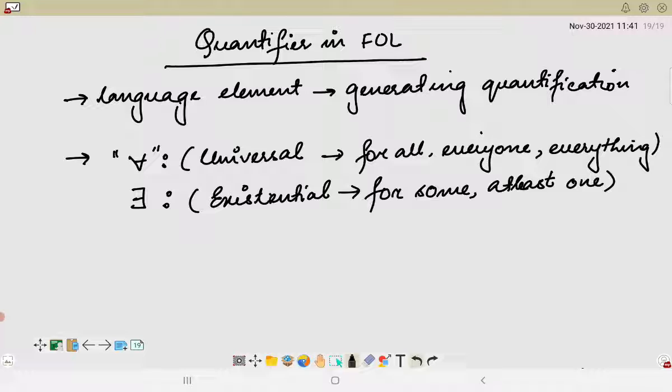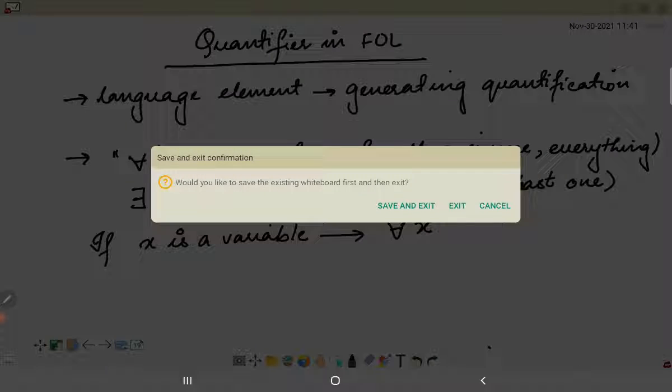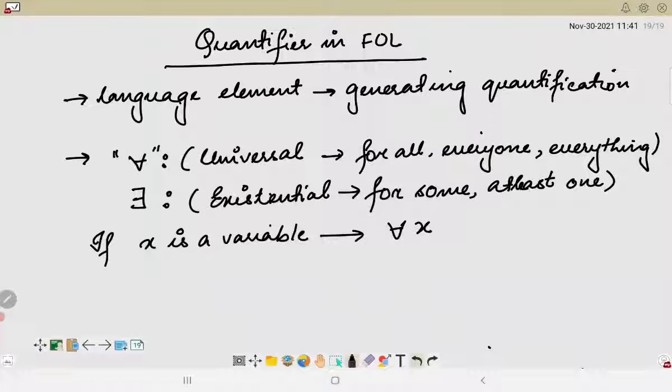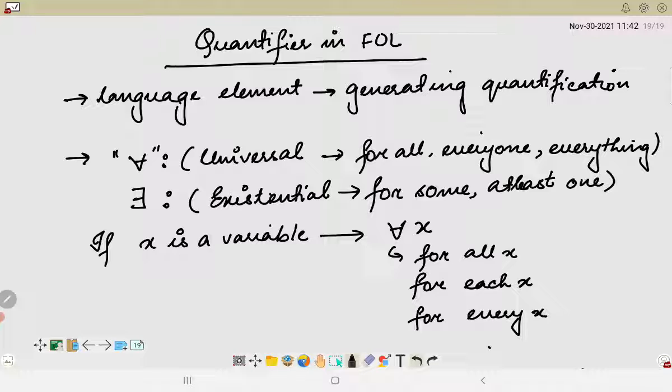Now, if x is a variable and we represent this as for all x, it means that this representation is true for all x, for each x, as well as for every x.